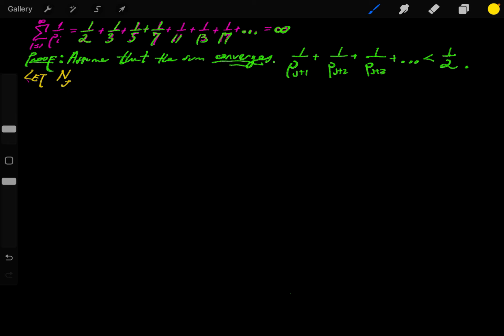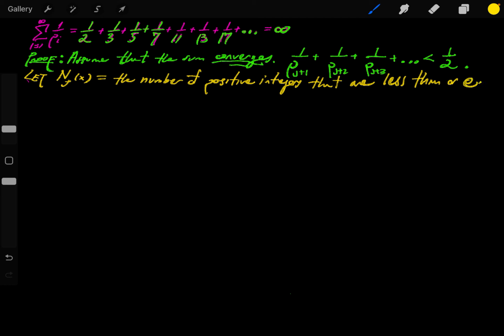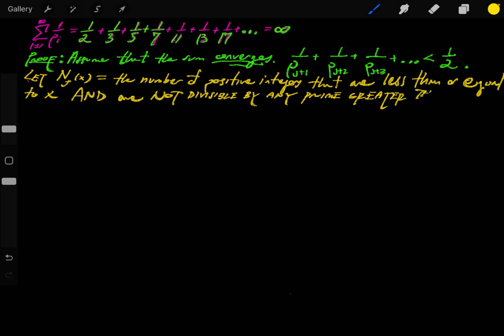We need to say N sub j of x is the number, okay, it's a count, the number of positive integers that meet two conditions, that are less than or equal to x and are not divisible by any prime greater than the jth prime, or p sub j.